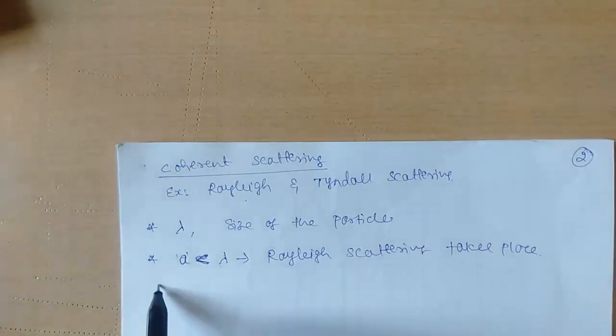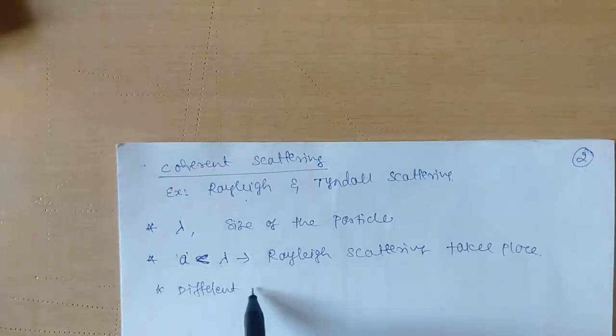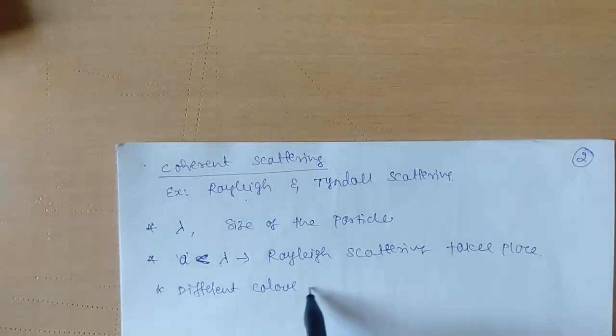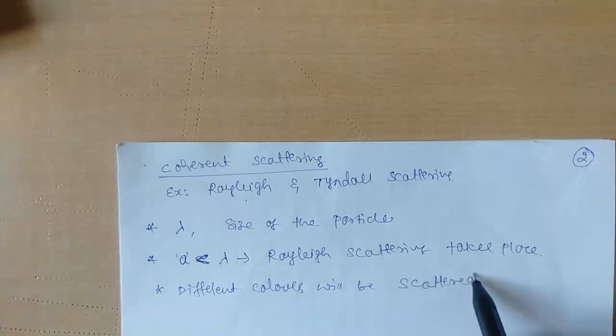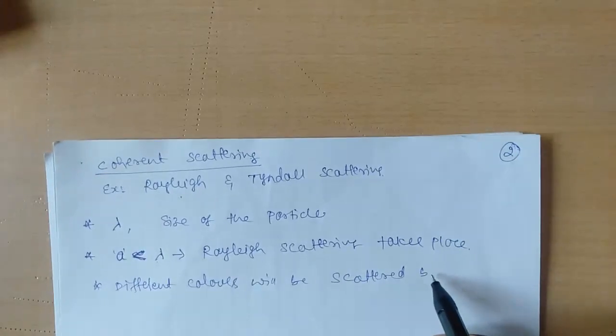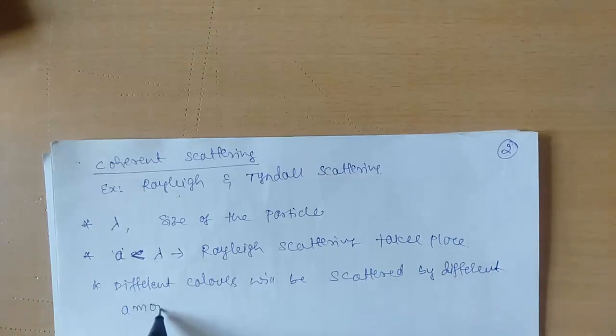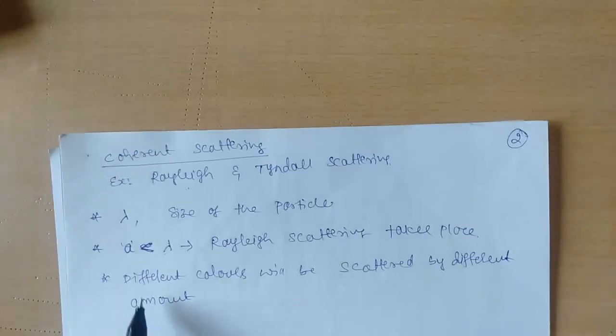In Rayleigh scattering, different colors will be scattered by different amounts. So in case of Rayleigh scattering, different colors of light will be scattered by different amounts.